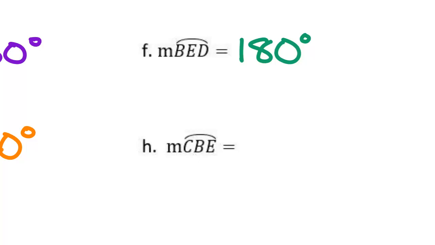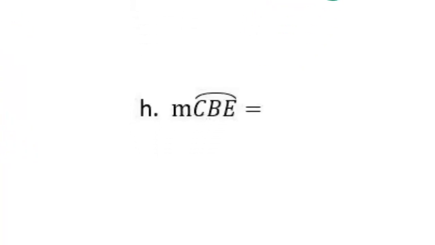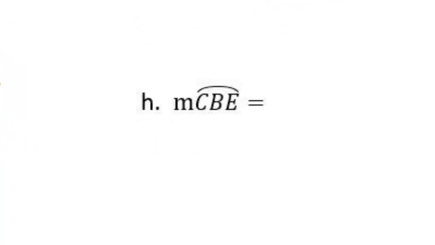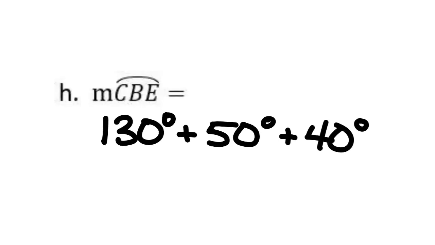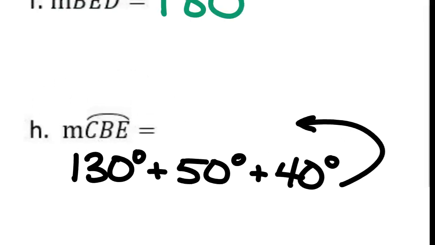C past B and all the way around to E. 220, tell me how you got that. You added 130 to what? 50 and 40. And when you add those, you get 220.